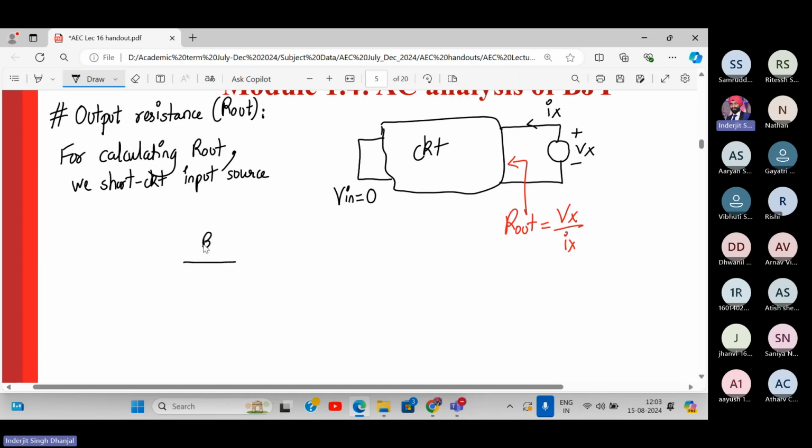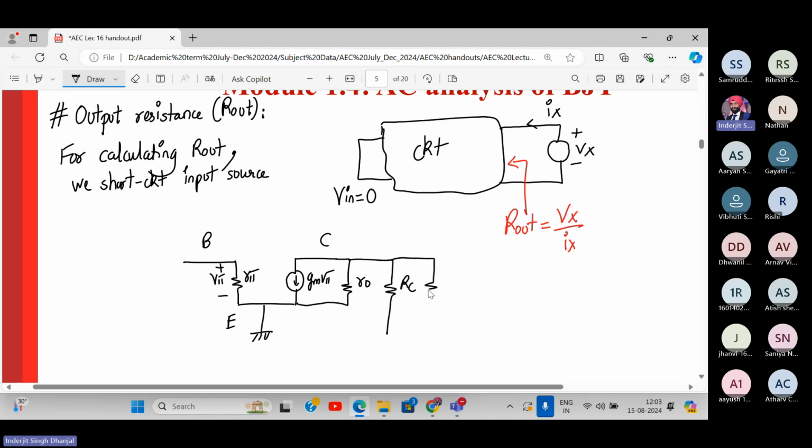So how was that? Base, collector, emitter. Emitter is grounded. Between base and collector, what do we have? R pi. Between collector and emitter, a current source, GM V pi, this is plus minus V pi. And you will have RO, then you will have RC, then RL.